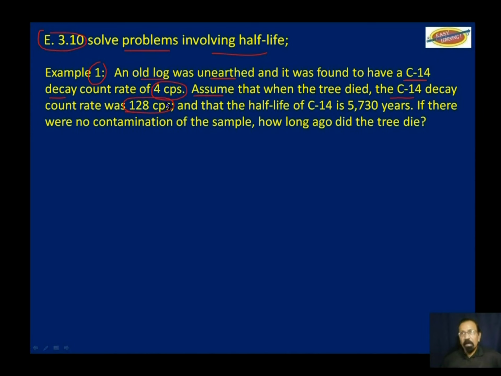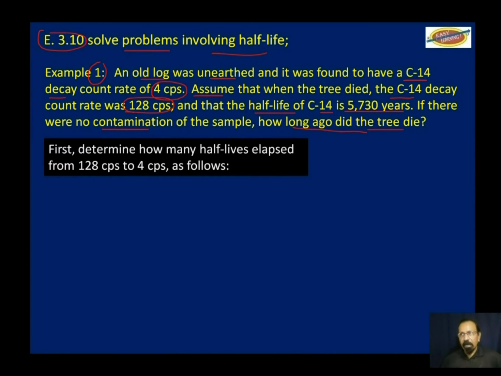We are to assume that. And we are also to assume that the half-life of C14 is 5,730 years. If there were no contamination, another assumption, how long ago did the tree die? So we will use those assumptions and find out how long ago this tree died.